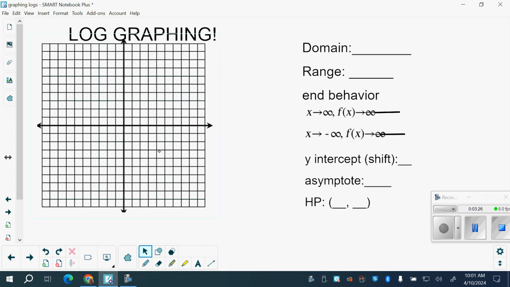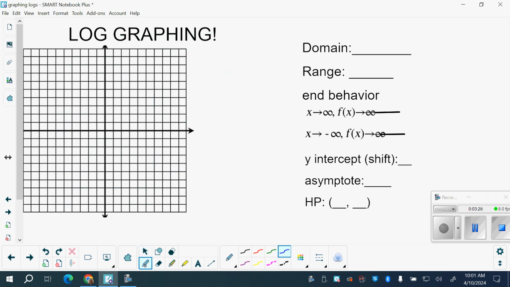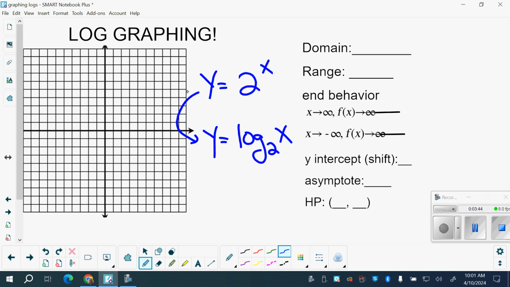This guy, y equals 2 to the x, we know how to do, and if we flip him, we can do this guy, because logs and exponents undo each other. They are inverses.